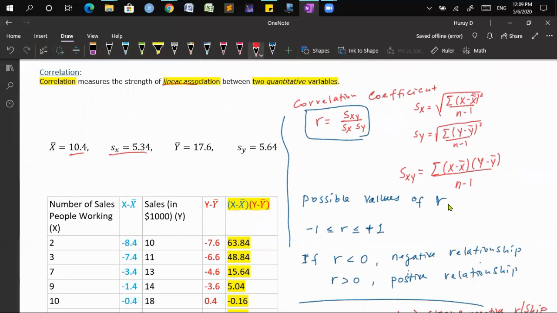Then you will get R. And remember, just like probability, if you get R outside -1 and +1, to the left or to the right, then there is something wrong with your calculation. If you do it correctly, it has to fall within this interval.